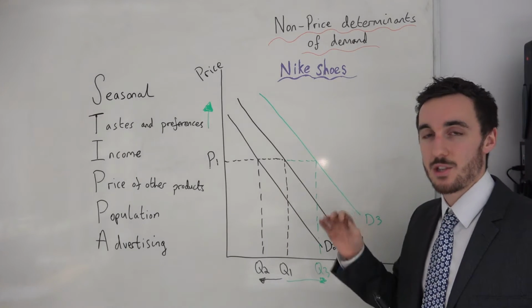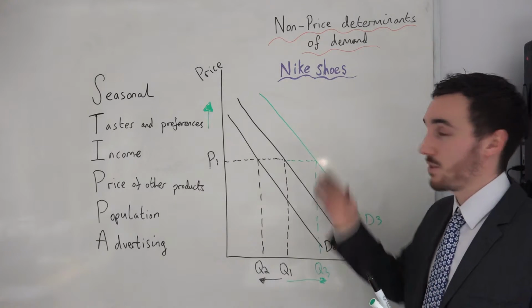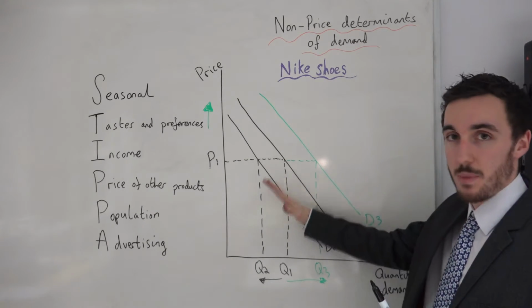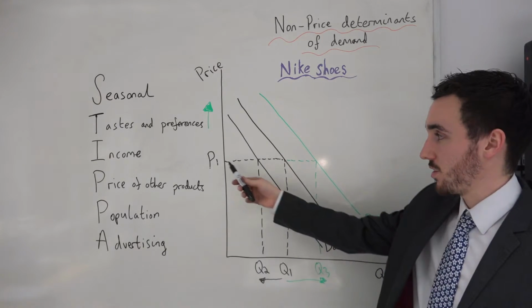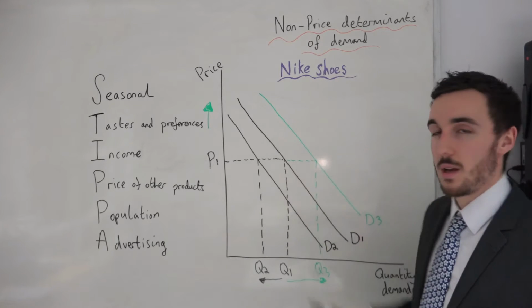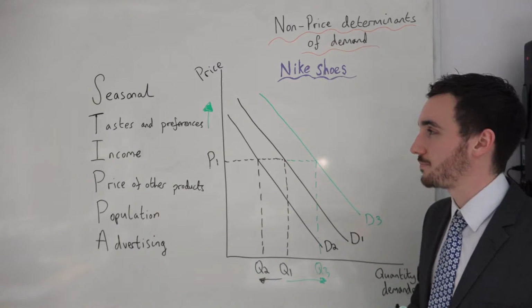Adidas shoes have gone up in price, they are a substitute good for Nike shoes, and so consumers now want to buy more Nike shoes. Nike shoes haven't changed in price, so consumers are going to switch to buying Nike shoes and shift their demand to the right.